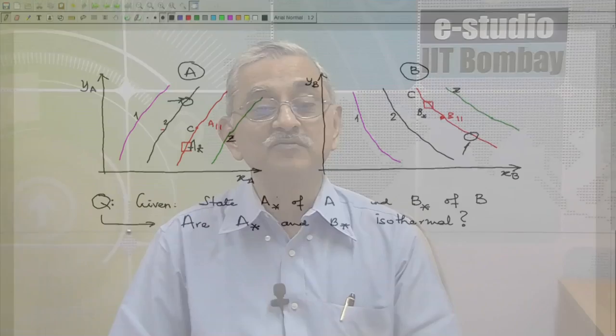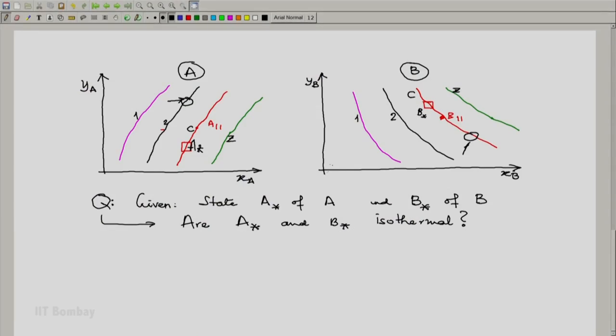So here we will say that A star and B star, the same question, are isothermal if they lie on isotherms which have the same color or the same nomenclature in labels.